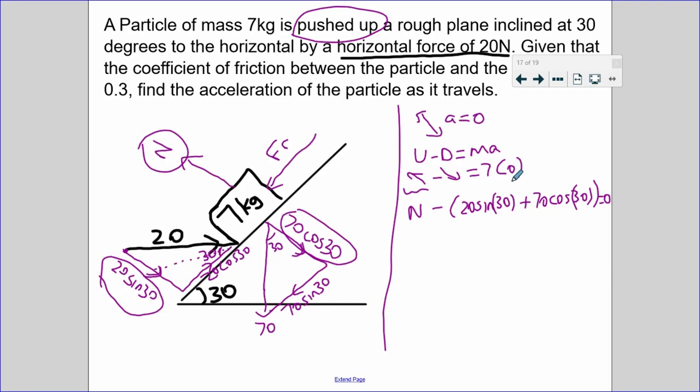Now we calculate this to find n. 20 sine 30 plus 70 cos 30 should give you 70.62.